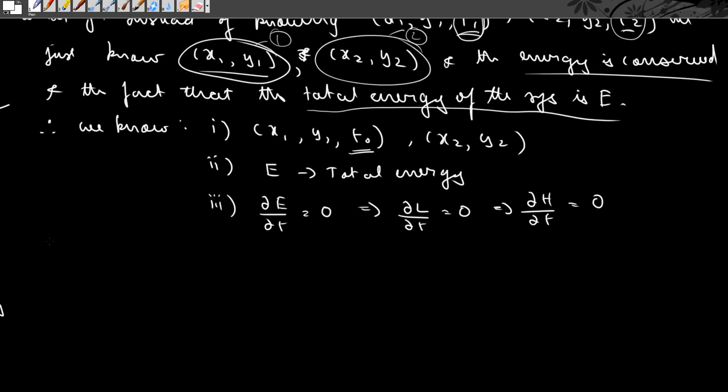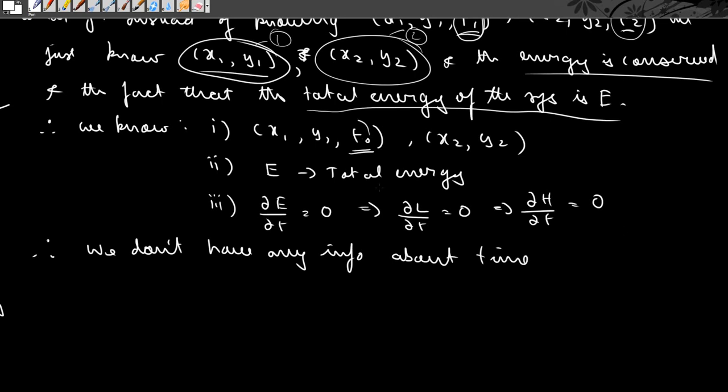So this is very important: we don't have any information about time. I haven't mentioned time here at all, except the fact that we can choose that point as some time reference.